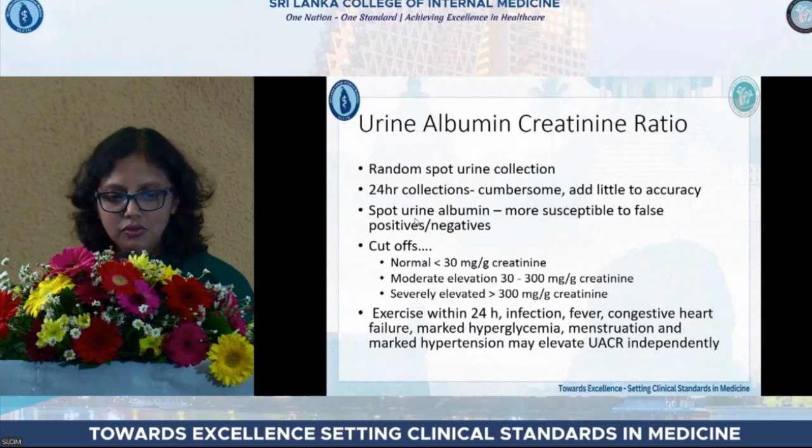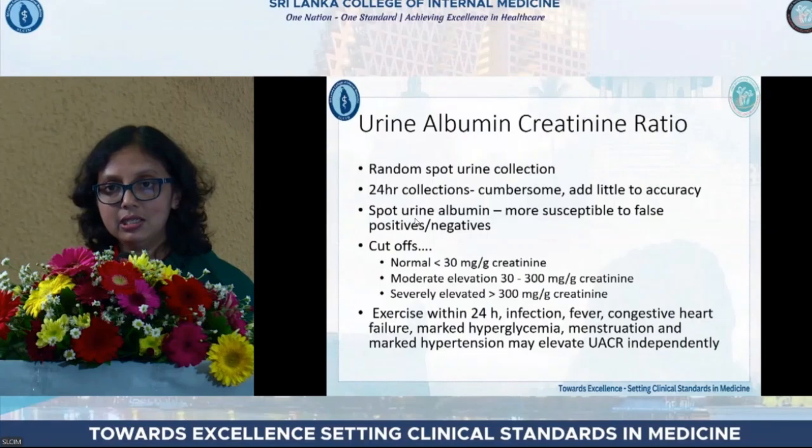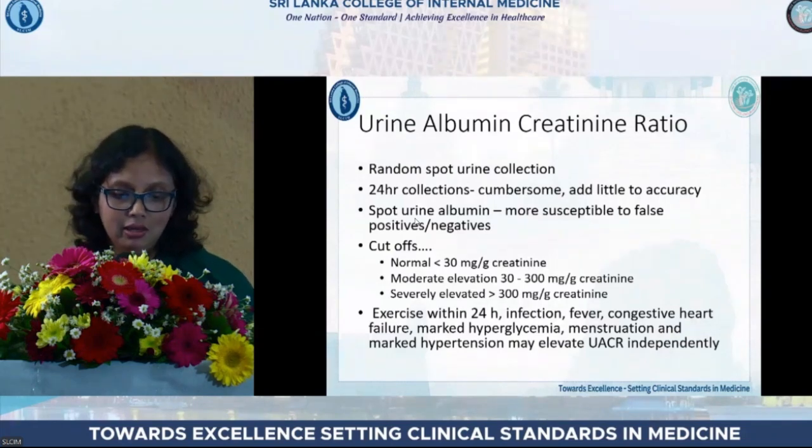So the cutoffs that are given is a normal UACR is when the level is less than 30 milligrams per gram of creatinine. A moderate elevation is when it's between 30 and 300, and a severely elevated is when it's more than 300. So despite it being better, with fewer false positives and negatives than a spot urine albumin, we have to be aware of these caveats when we are doing a UACR as well.